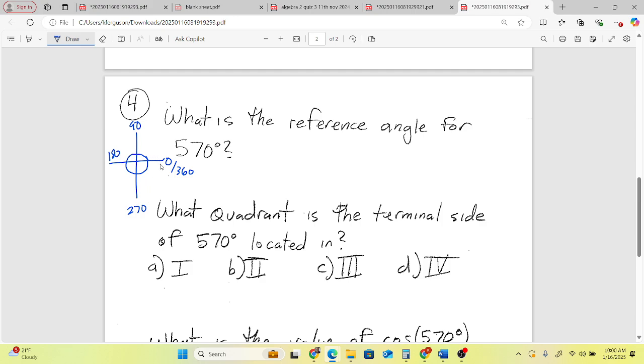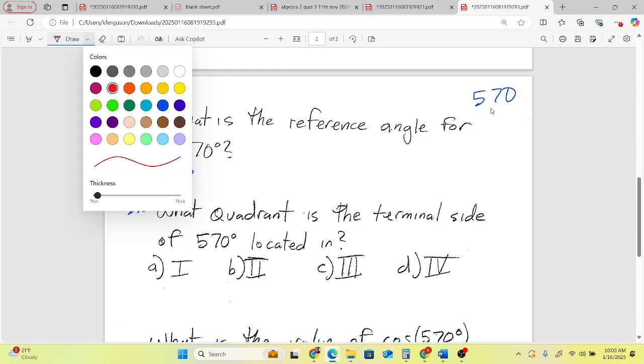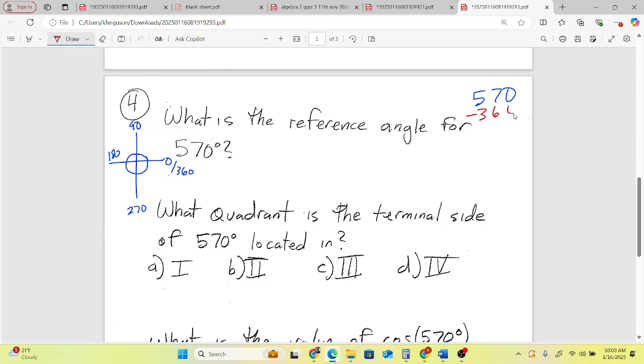Well, what if we get an angle that's more than 360? Let's say 570. I've got two trains of thought. I could divide 360 into 570 and see what my remainder is, or I could just keep subtracting 360 until I get a number that is lower than 360.